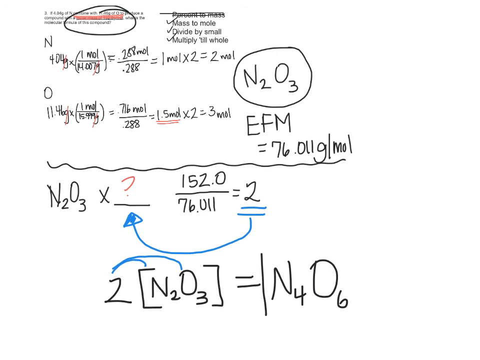Okay, that is my molecular formula. And notice that my ratio 4 to 6 is not in simplest form. And for our case here, that's good because our molecular formula is a multiple of our empirical formula. So now go ahead and pause the video and try to do number 4 by yourself, and then check back with me to see if you got the right answer.